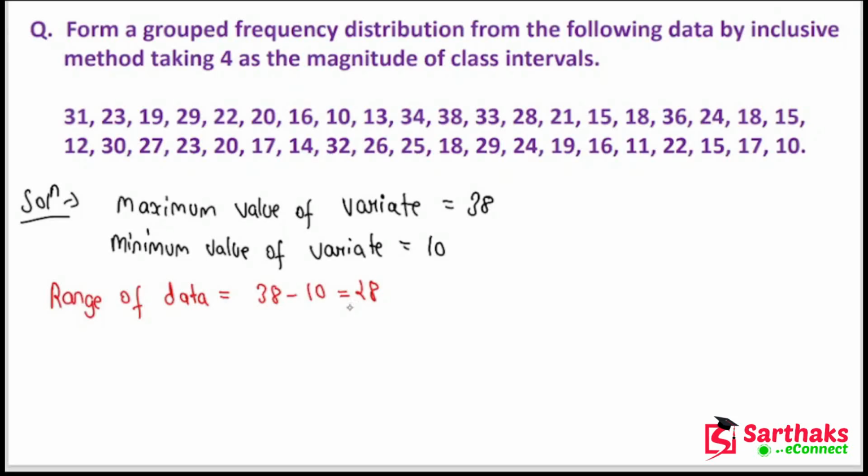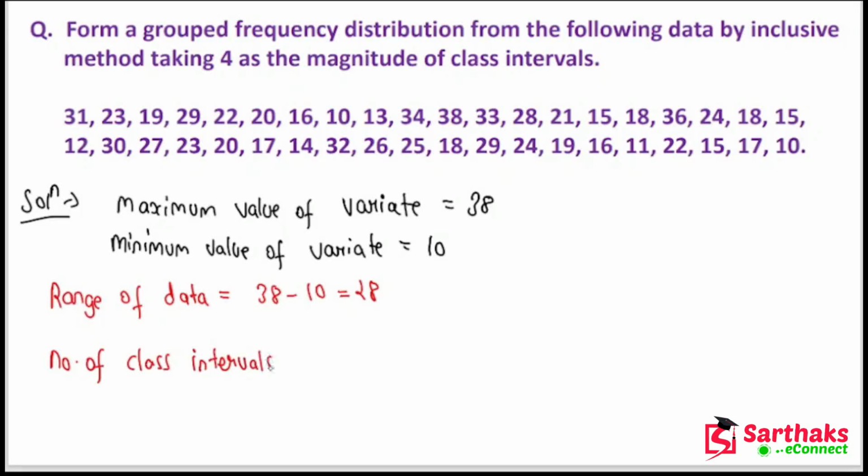Now after taking the range of data, we have to find the number of classes we have to write. The class size is 4, so let us divide the range by class size. We'll get the number of classes, or number of class intervals, you can call them.